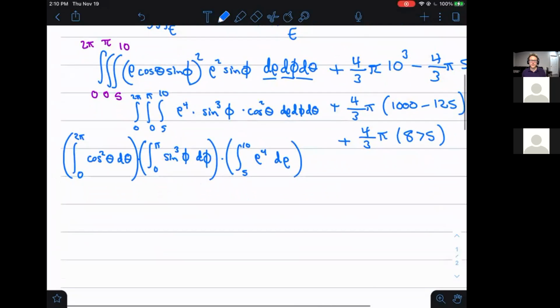We could evaluate these each individually. For instance, the rho one right here would be rho to the 5th over 5, and then we would plug in 5 and 10.